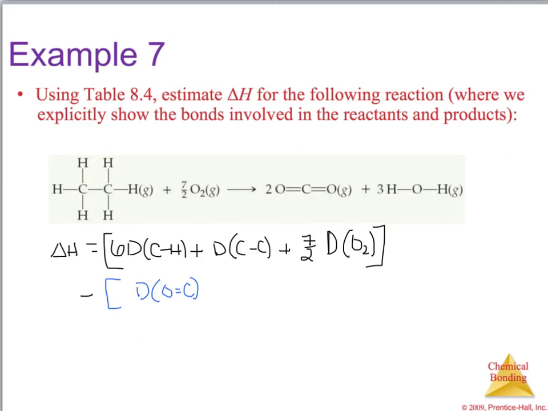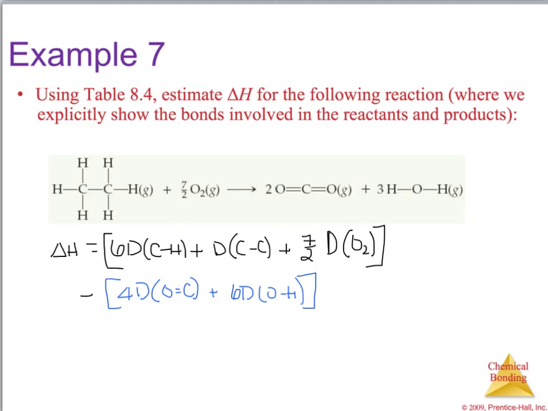So I'm going to place a coefficient of 4 on there. Then I'm going to add that to my oxygen and hydrogen bonds. So I have D of my oxygen-hydrogen bonds. I have 2 oxygen and hydrogen bonds here, but I have 3 of them. So that's actually going to give me 6. And that's all I've got for bonds that are forming.